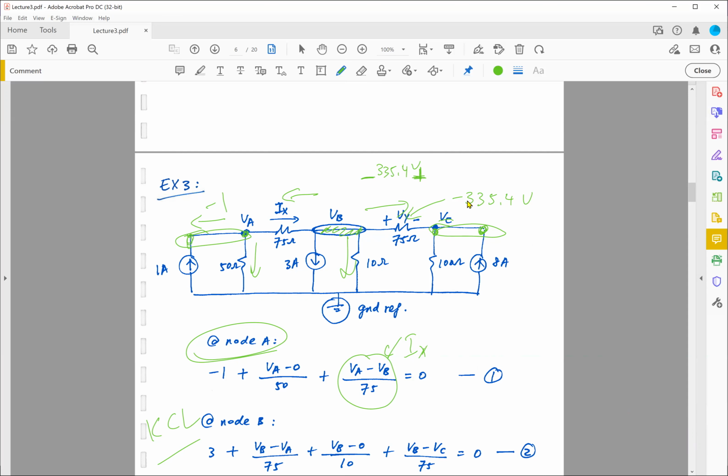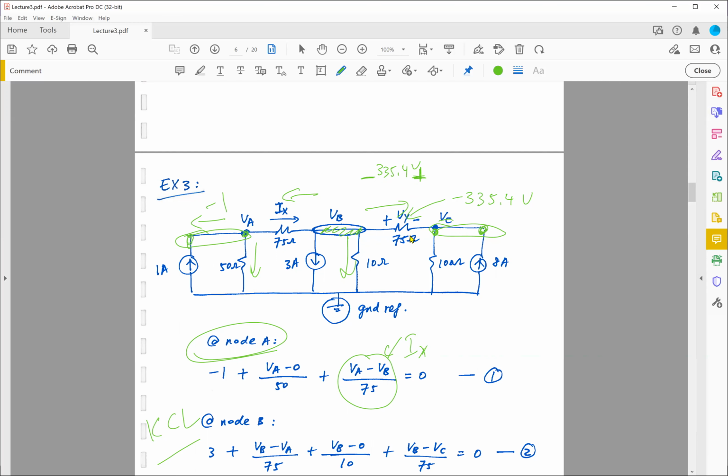If Vy is minus 335.4, then that means my polarity has to be plus on the left and minus on the right. If I don't like this minus sign, then I have to reverse the polarity. So I can get rid of this minus sign, but I need to change the polarity.